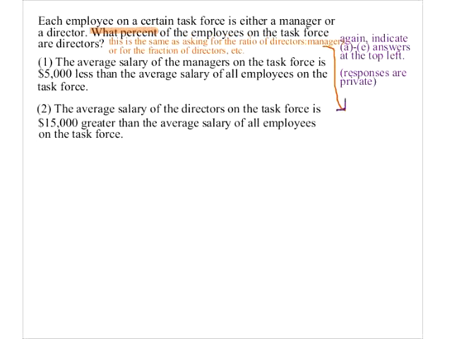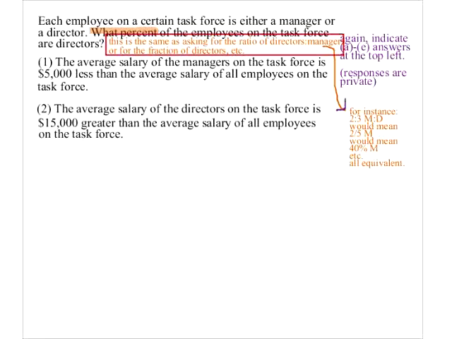So if you had, for instance, 2 to 3 managers to directors, that would mean there were 2/5 managers, that would mean 40% managers, etc. All these are equivalent. That's not the answer, it's not 2 to 3. But the point is that this is a really key takeaway: if they ask you what percent, you don't have to break your back to find a percentage, because you can just find a ratio and you're good to go.